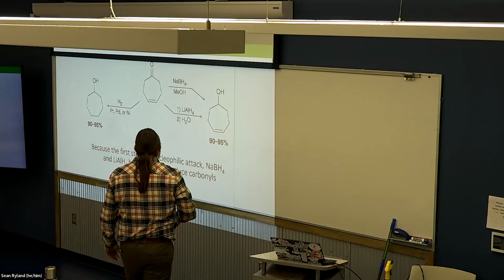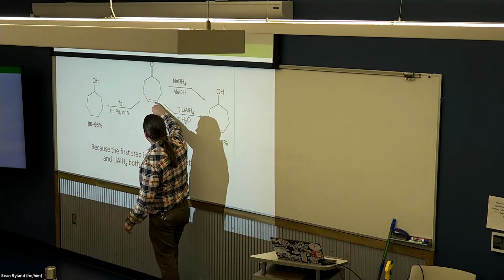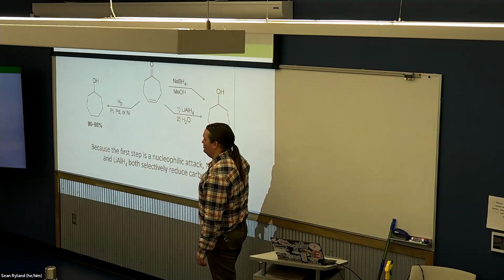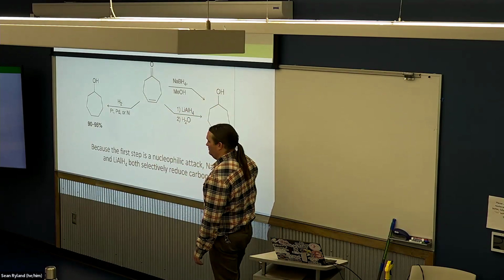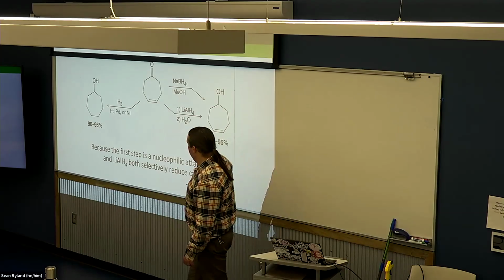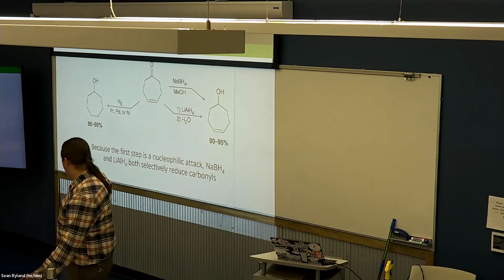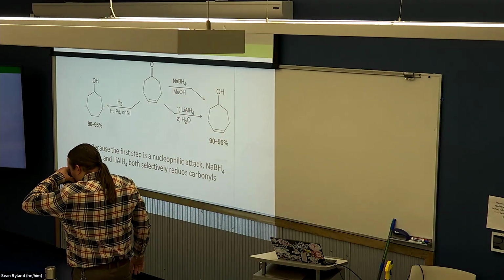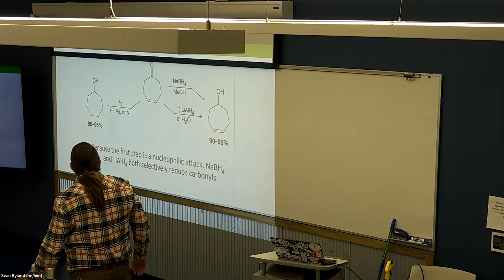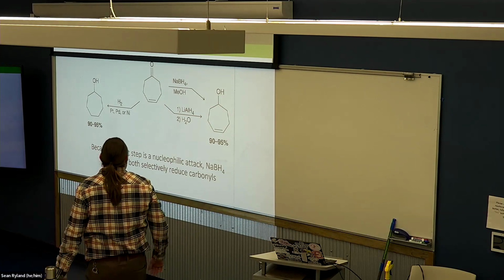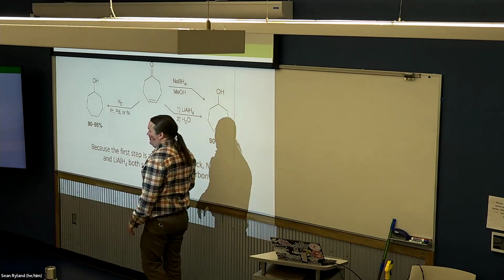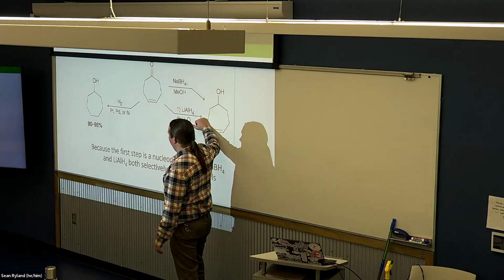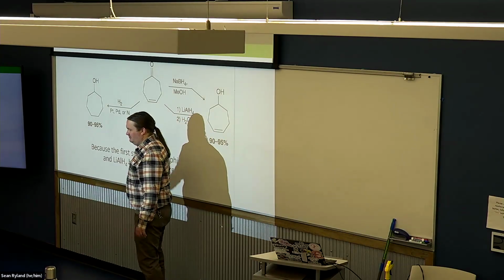So especially if you want to keep the alkene, but turn the carbonyl into an alcohol, these work much better. We have names for these: reduction via sodium borohydride and reduction with lithium aluminum hydride. Hydrogenation.